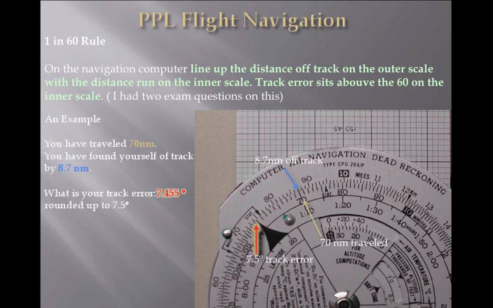In order for us to do this, we put 70 on the inner scale and we put that parallel to the 8.7 nautical miles off track, and then we look at the big black pointer. Some of you will have just a triangle, the other will have a 60 in it, and that points to what our track error is. So that would work out 7.55, and you round that up to 7.5. Great, wonderful, hunky-dory, and you would have passed that question.